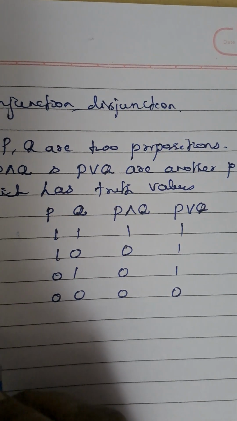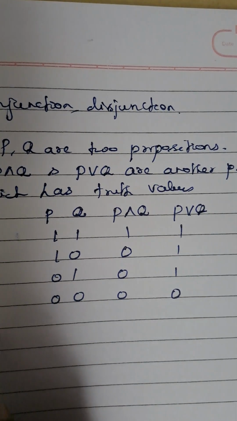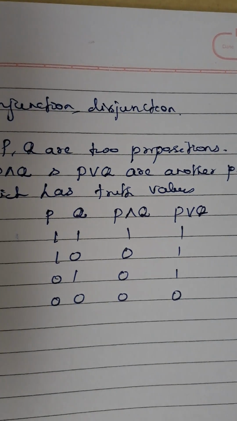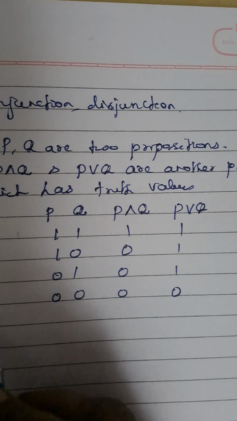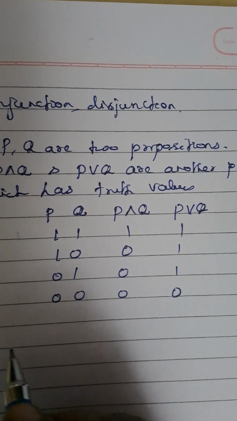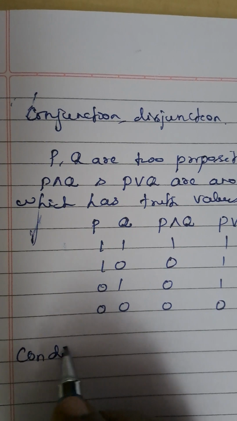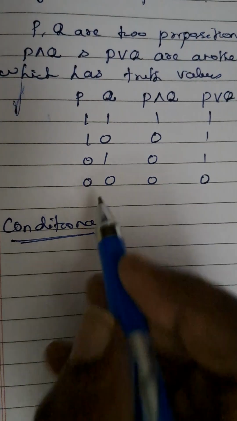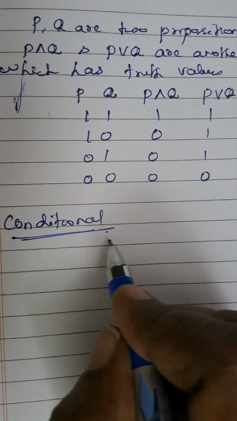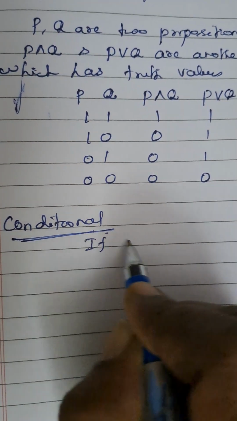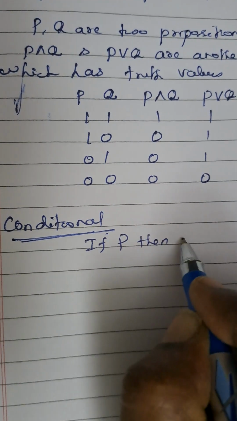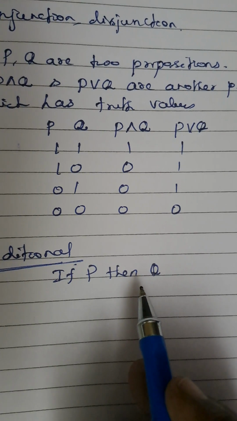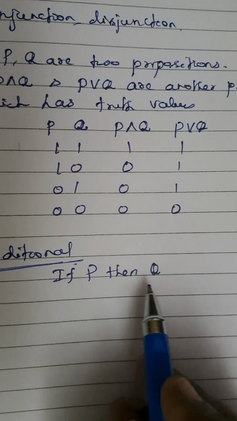Now I go for the next connective. These are called connectives because they connect two propositions. The next is the conditional. The conditional is if P then Q. That is, if P happens, then Q will happen, or if P happens, what about Q?